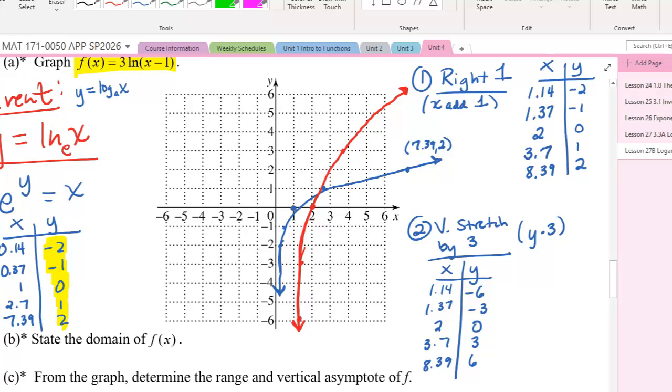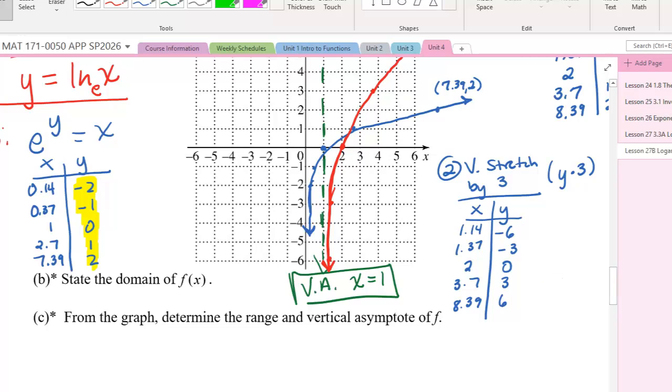Notice that when you push a logarithmic function left or right, the vertical asymptote is going to be pushed with it. So normally the vertical asymptote of a logarithmic function is x equals 0, but since this graph was shifted right 1, the vertical asymptote is now at x equals 1.